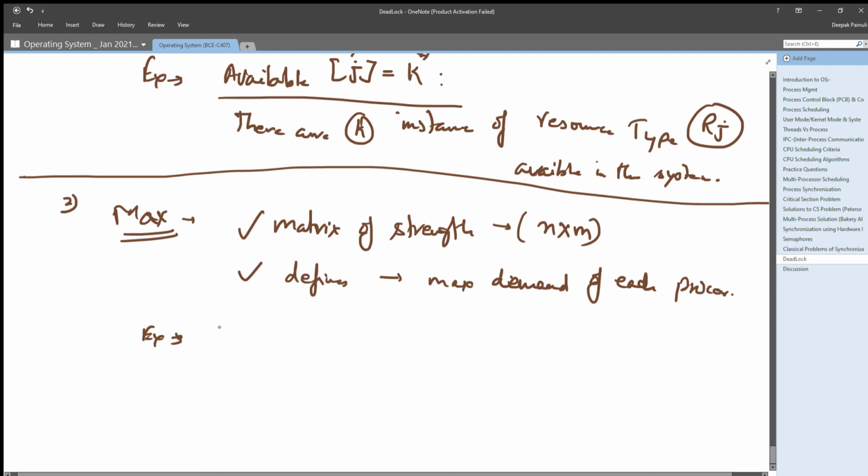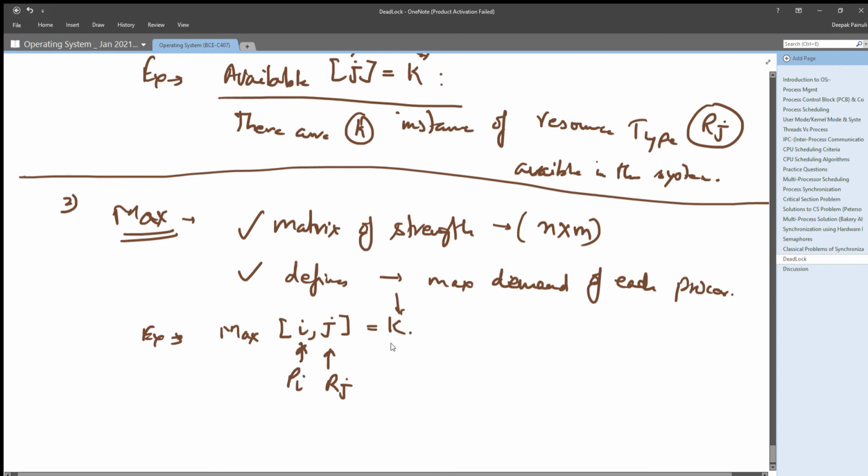So let us understand. If we have written Max[i][j] equals k, what it simply means is that k instances of resource type Rj is the maximum demand of process Pi.